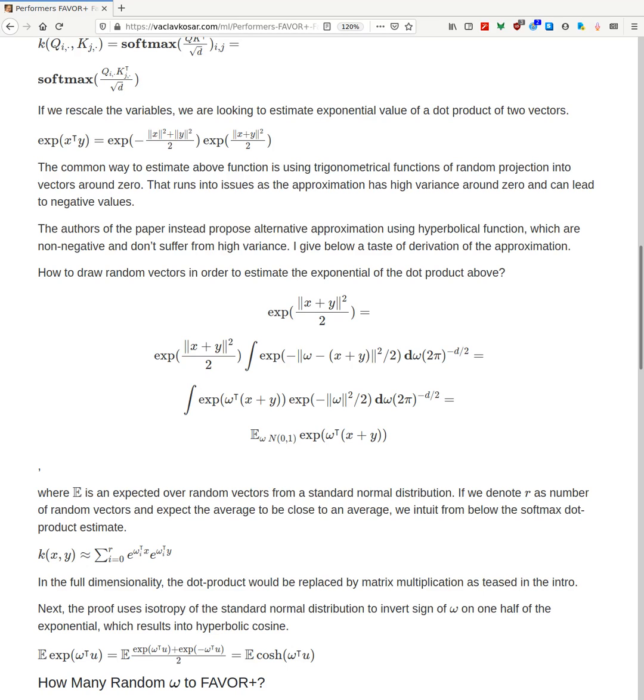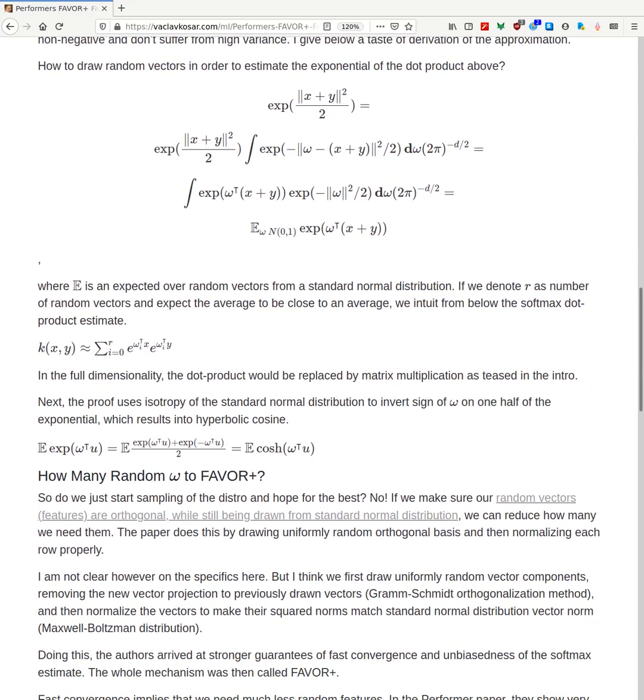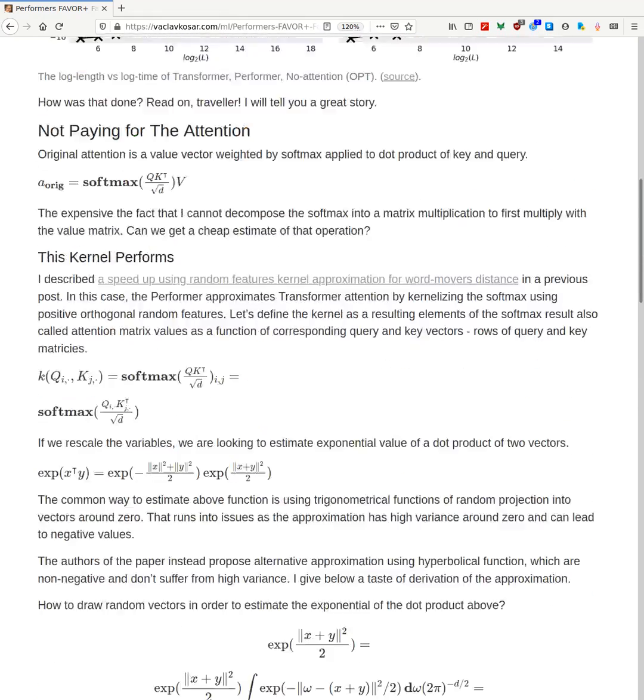And an important part is that if we draw enough random vectors, then we can approximate our kernel with a dot product of the exponential of omega dot product with x and the exponential of omega dot product with y. And this is a dot product from which, in the full dimensionality, we get the matrix multiplication here at the beginning.